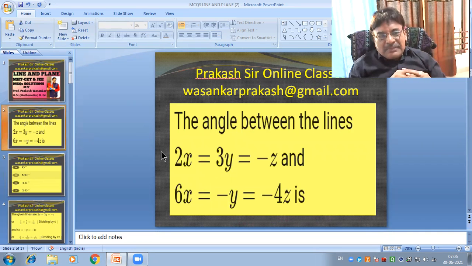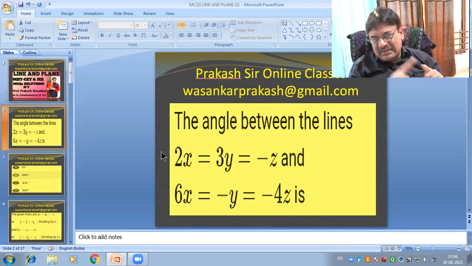In this multiple choice question, Cartesian equations of the two lines are given, and our aim is to find the angle between these two lines. That is, here we find theta.